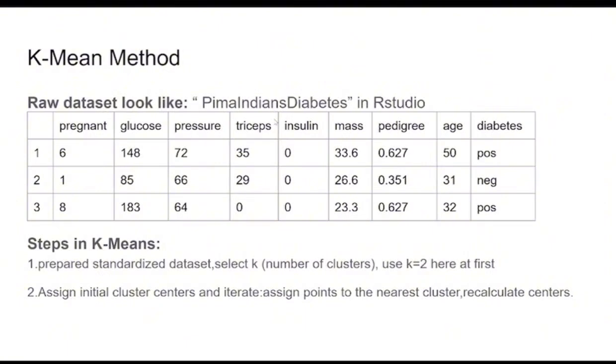And now is our k-means example. In the Pima Indians dataset, we applied k-means starting with k equal to 2 clusters. The process included standardizing the dataset to ensure all features contribute equally, randomly initializing centroids, and iteratively assigning points to the nearest clusters and recalculating centroids.